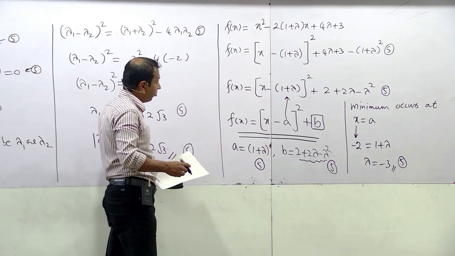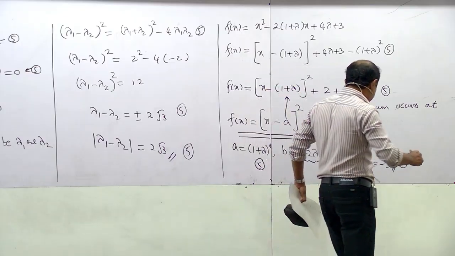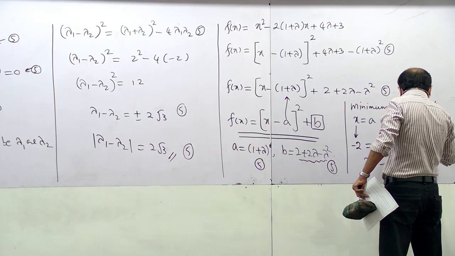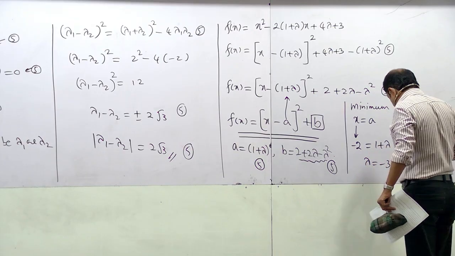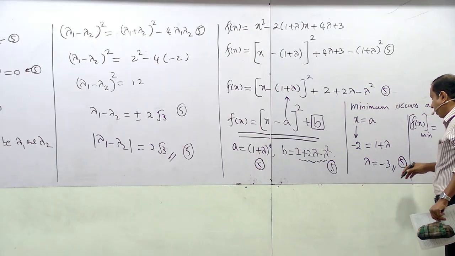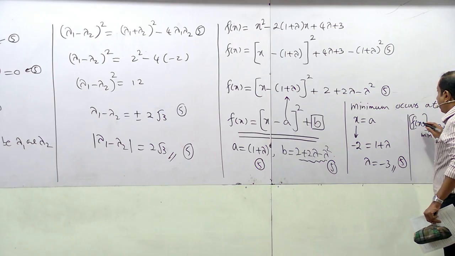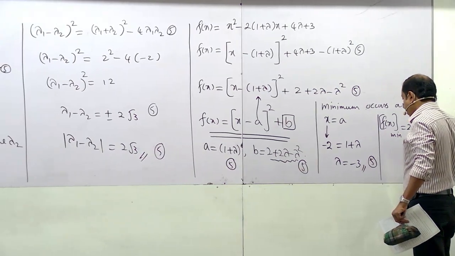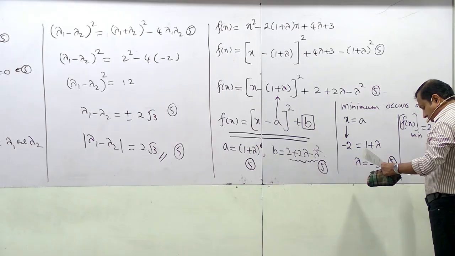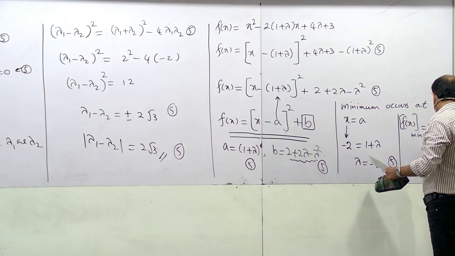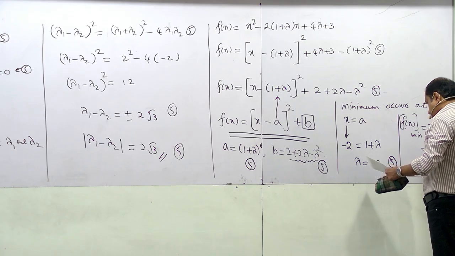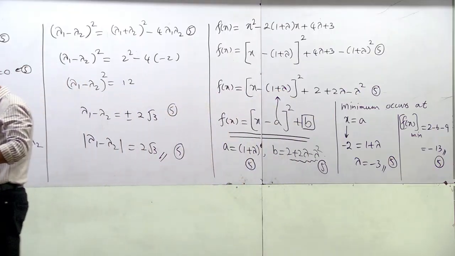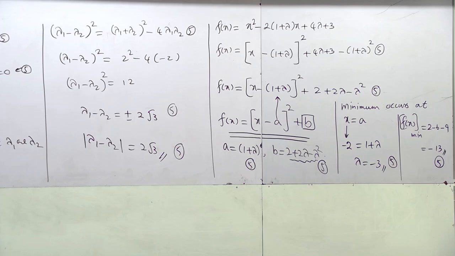Then fx minimum is, therefore, substituting lambda equals minus 3 here, minus 6 and 9, then we get minus 13, no? Right. For this we get 5 marks. That is how we complete the first question. Next one, question number 2.